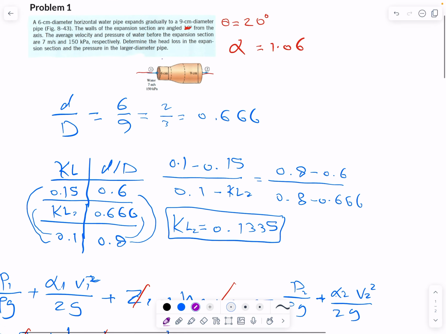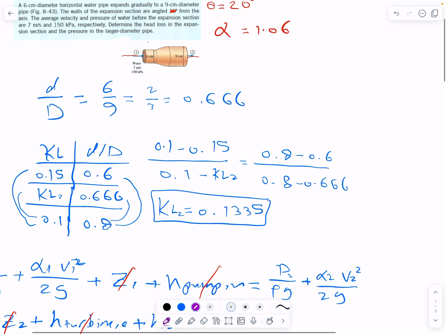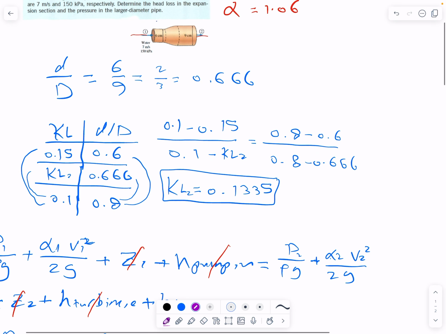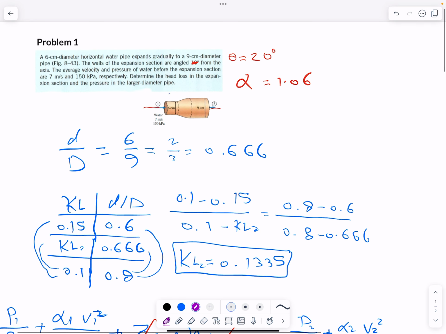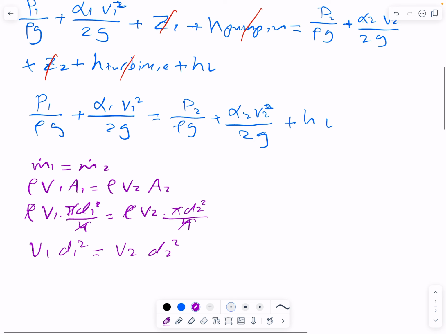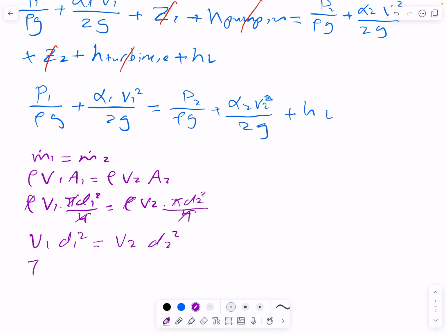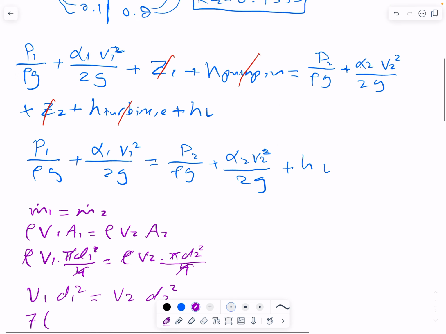And by the way, V1 is equal to 7 from here. V1 is equal to 7 meters per second. So from that we would say 7 times, what is D1?